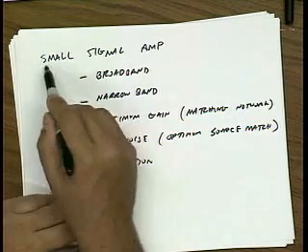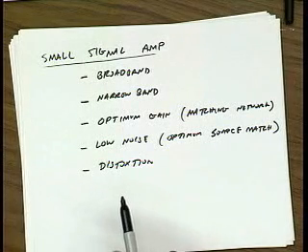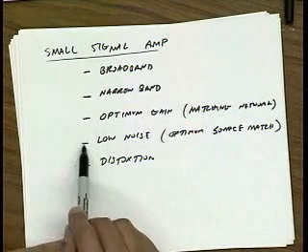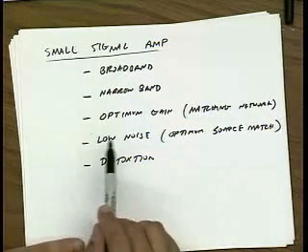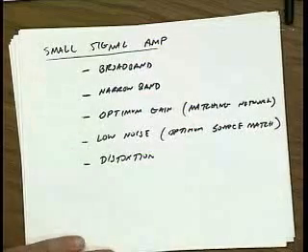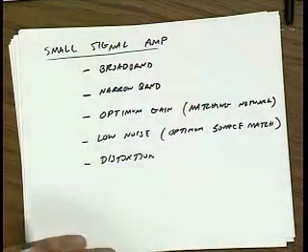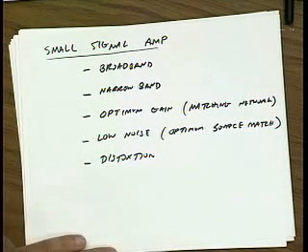And what's particularly interesting is that noise tells us the lowest signals that we can handle with an amplifier, right? Because if the signal gets smaller than the noise, effectively it gets buried in the noise. Distortion tells us what the largest signals are that we can handle. And so if I take both into account, effectively I learn the dynamic range of my amplifier.